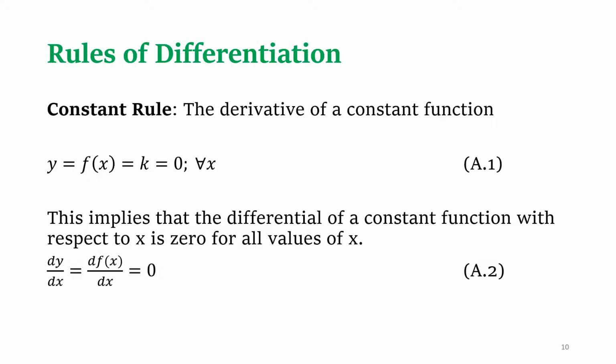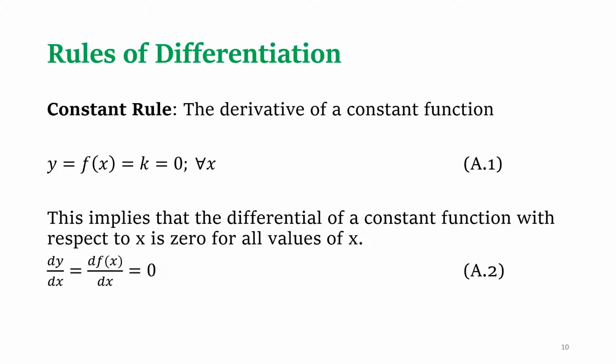Now, we talk about the derivative of a constant, right? It is 0. The derivative of a constant function, y equals f of x equals k. K is a constant, it's always 0 for all values of x. Remember, this sign represents for all values. For all, it means for all, right? For all values of x. This implies that the differential of a constant function with respect to x is 0 for all values of x.